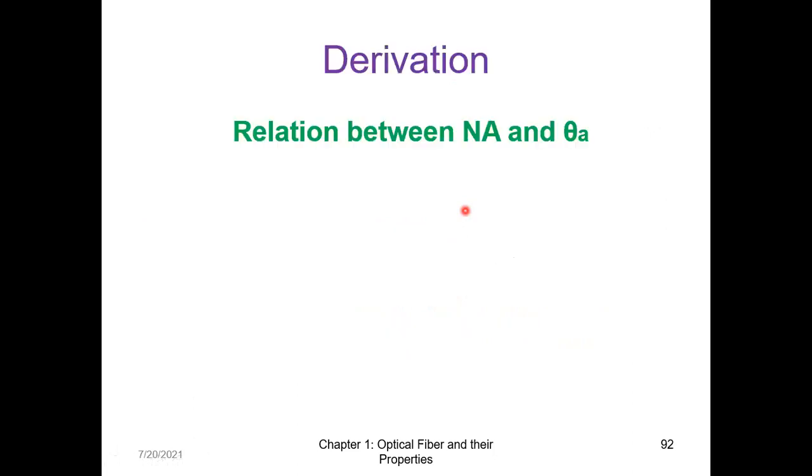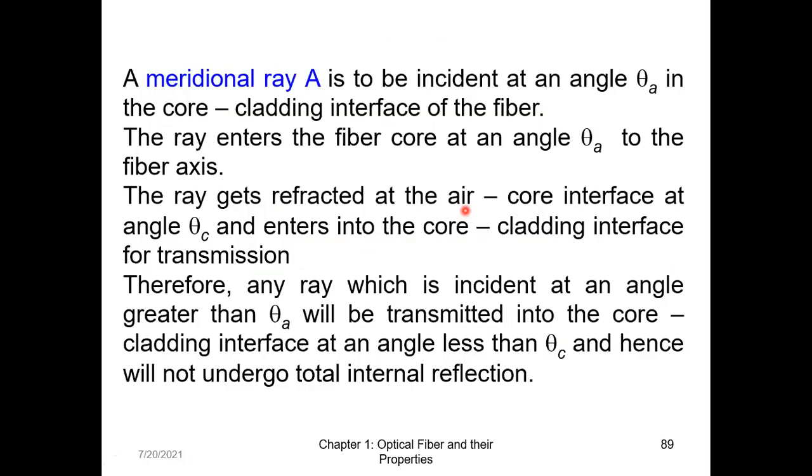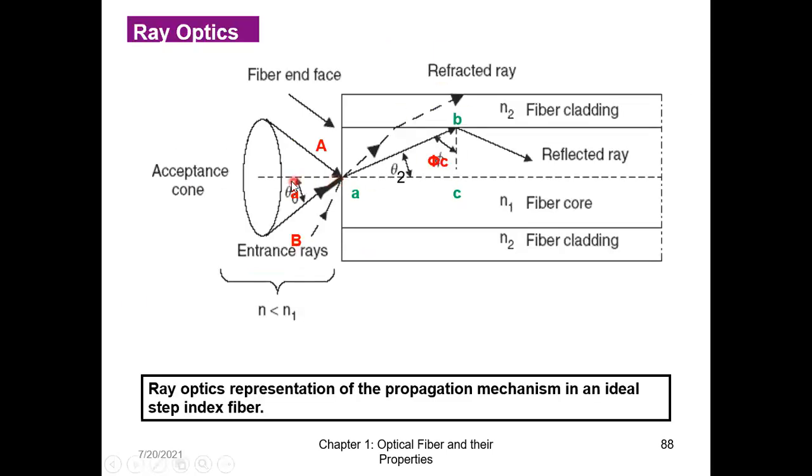Now we will be deriving the relation between the numerical aperture and the acceptance angle theta A. The acceptance angle theta A is here, and the angle of the acceptance cone will be 2 times theta A. Sometimes they just tell you the acceptance angle theta A, and the angle of the acceptance cone will be 2 times your theta A.